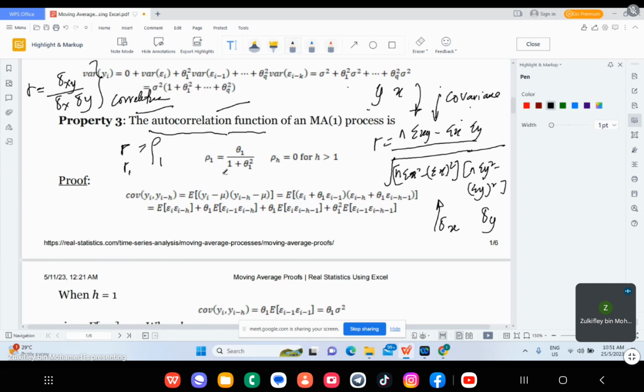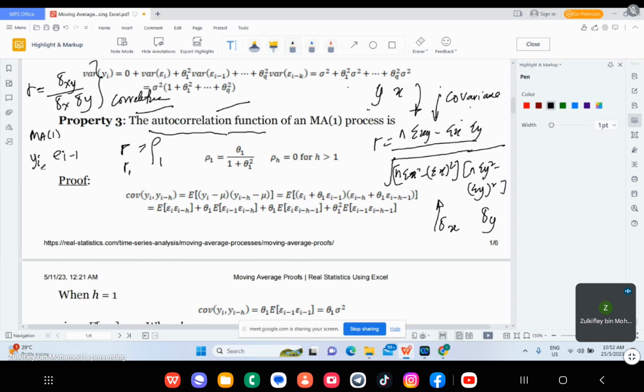And by definition, the autocorrelation is equal to... if we have Yi, so MA1 is equal to Yi with epsilon i minus 1.